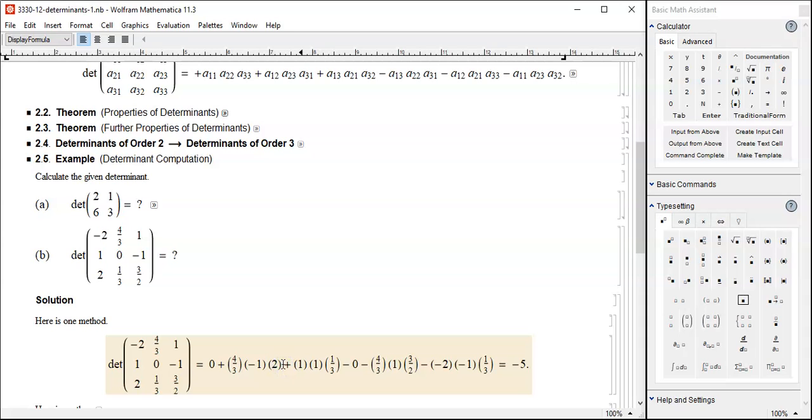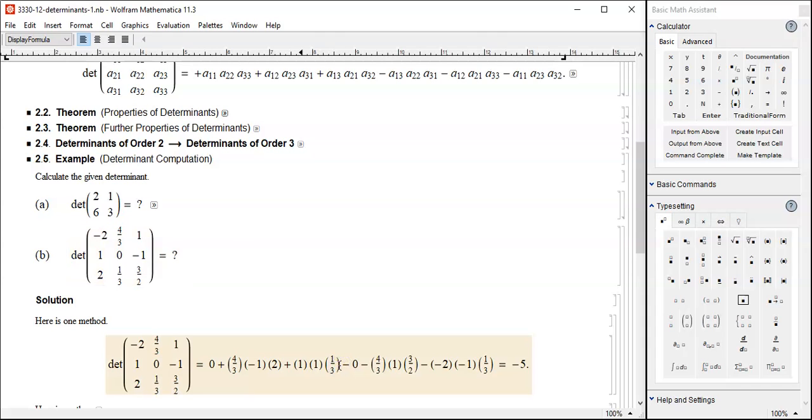Let's keep going in the principal diagonal direction. 1 times 1 times 1/3. You have to have 3 numbers. If you run out, that's wrong. If you have 4/3 times negative 1 times 1 times 1/3, that's not right. You have to have 3 numbers.